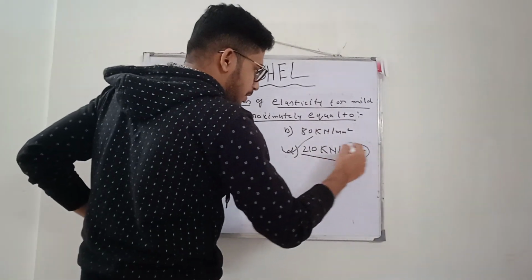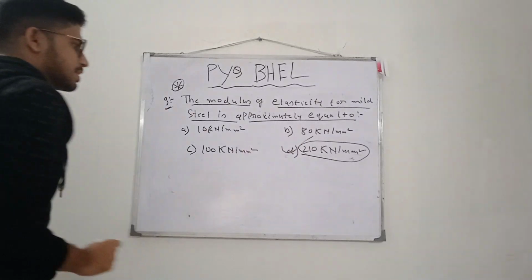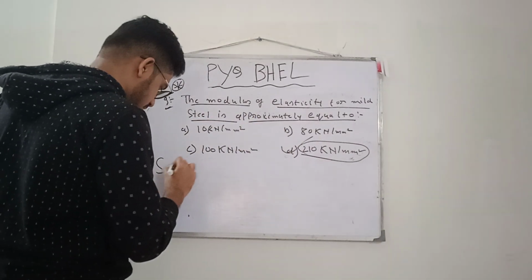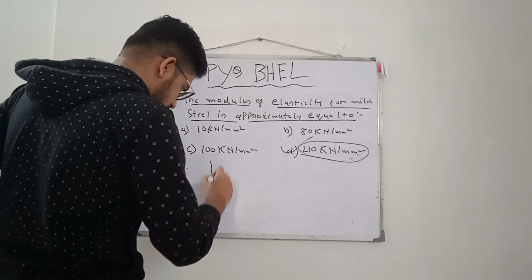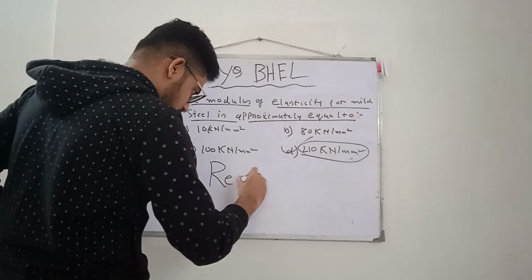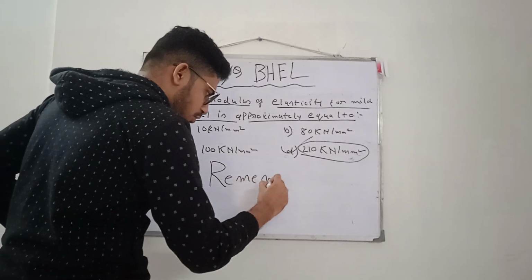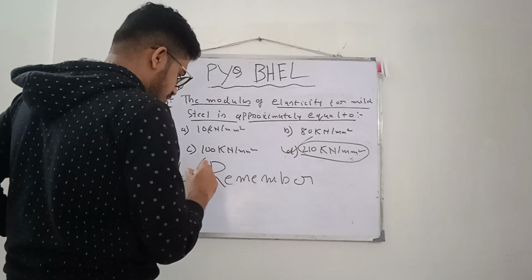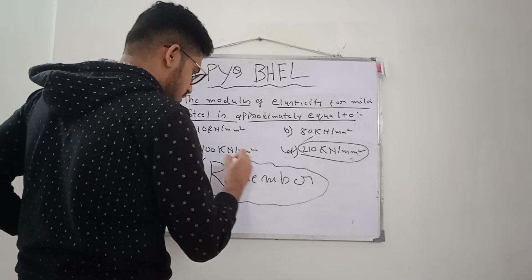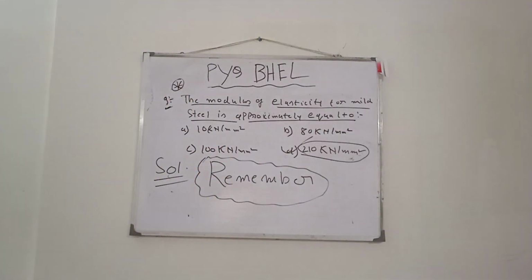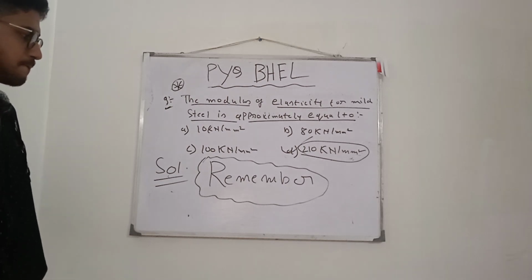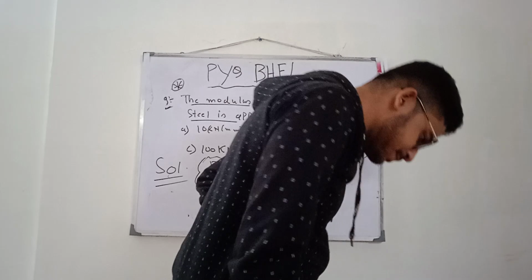You have to remember this. There is no other option to solve this valuation type question. The only thing you have to do is remember. Note it down. Done? Okay, let's go to the next question.